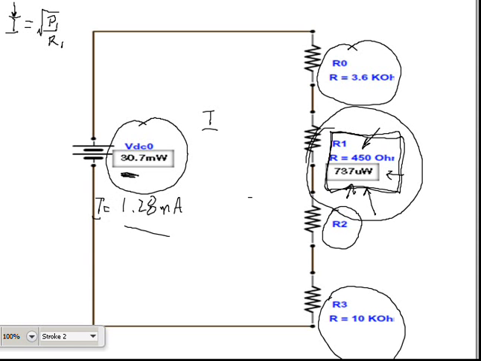Okay, knowing that I have 1.28 milliamps, and that equals total for the whole circuit, and knowing that I've got a total power dissipation of 30.7 milliwatts, I can once again just go back to the power equation. So voltage equals power over I. So power over current.